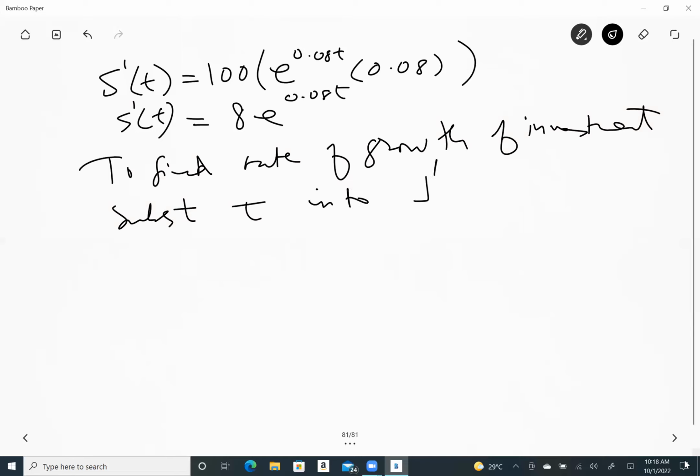Don't substitute into S, because S is the future value of your investment. Now you want to look at the rate of growth, so substitute into S prime. Look at the example, part A, part B. That will give you the rate of growth. And of course, example 5.